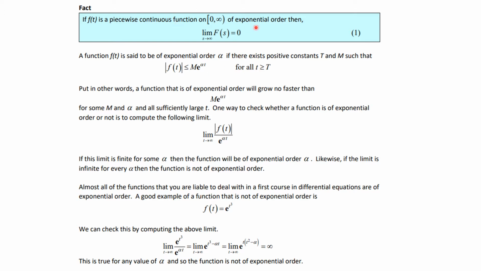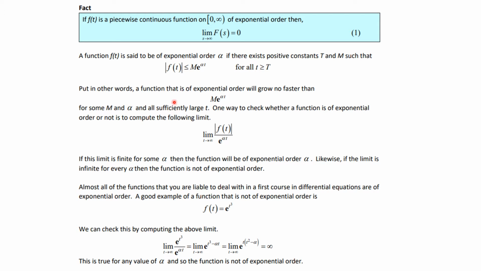But what does exponential order mean? A function f of t is said to be of exponential order alpha if there exist positive constants T and M such that the absolute value of f of t is less than or equal to M e to the alpha t for all t sufficiently large, t bigger than some T 0.